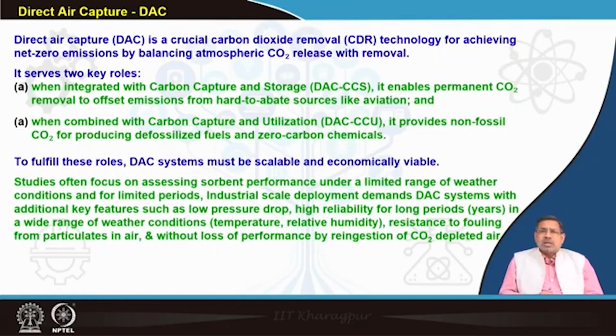So it removes the carbon dioxide, and it serves two key roles. The first one is when integrated with carbon capture and storage, we call it direct air carbon capture and storage. It enables permanent CO2 removal to offset emissions from hard-to-abate sources like aviation.